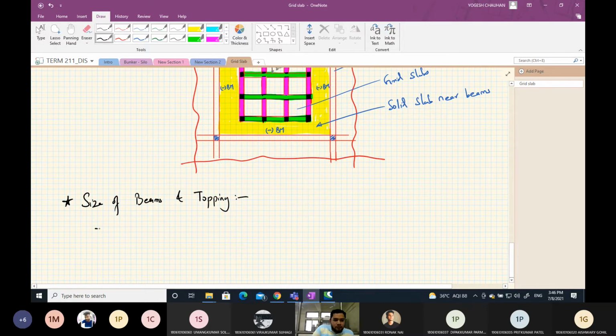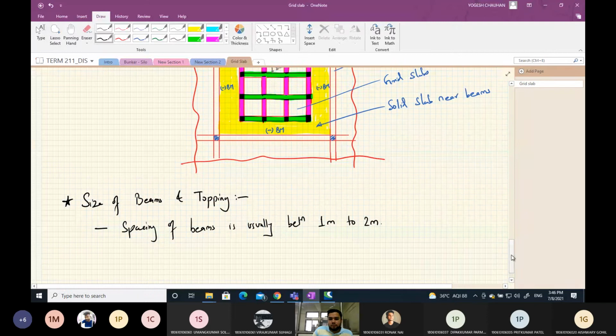As discussed, usually the spacing of beams is between 1 meter to 2 meter.